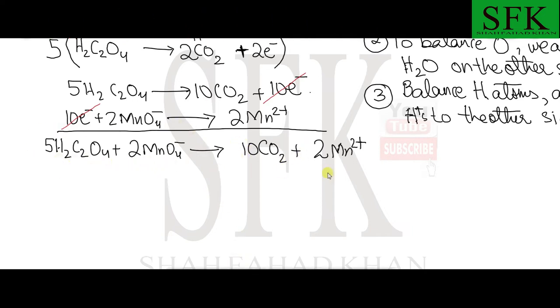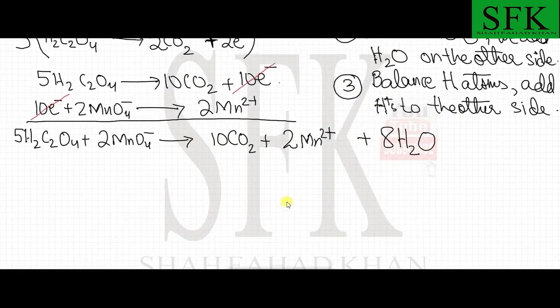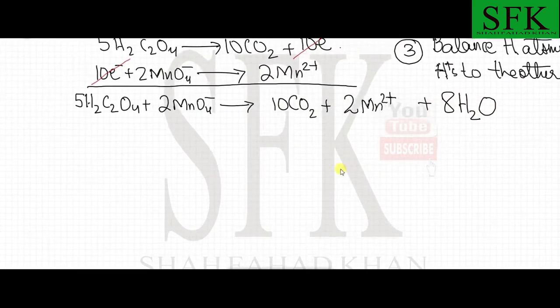So we need to add 8 water molecules on this side to balance the extra 8 oxygen atoms on the other side, because the rule is to balance the oxygen atoms, we add water molecules. And then the last step is balancing the hydrogen atoms. We add the H positive ions on the other side.